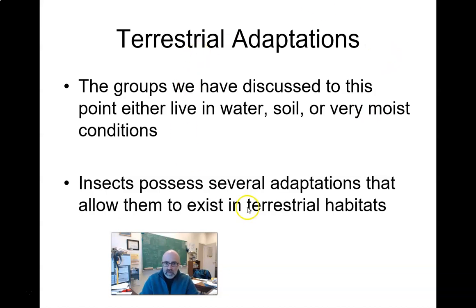And so, not surprisingly, they have physiological and anatomical adaptations that allow them to be successful in those habitats. Okay, so a couple of those things. One is just their exoskeleton. This chitinous exoskeleton is watertight.